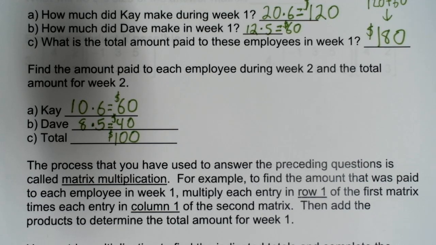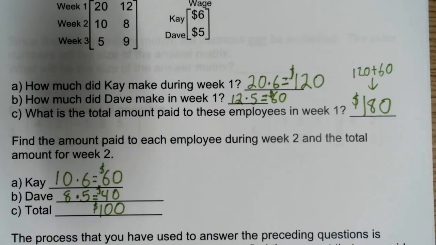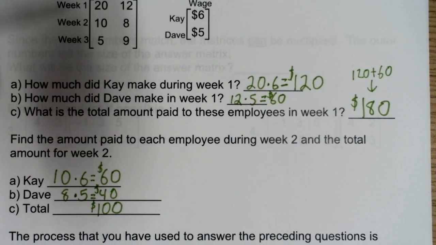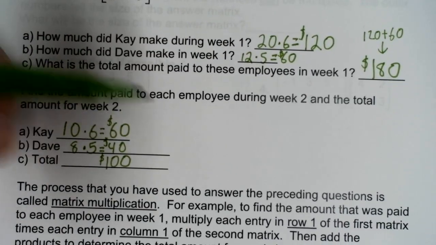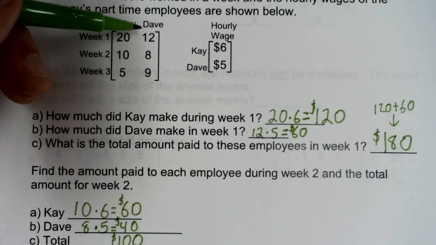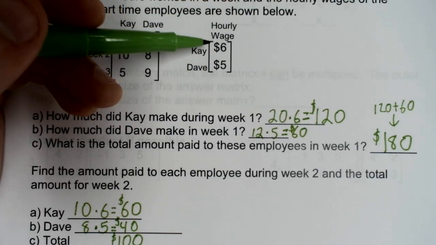Finding the amount that was paid to each employee in week 1, what we really did was take row 1 and multiply it times column 1. So I multiplied the 20 and 12 times column 1 here.